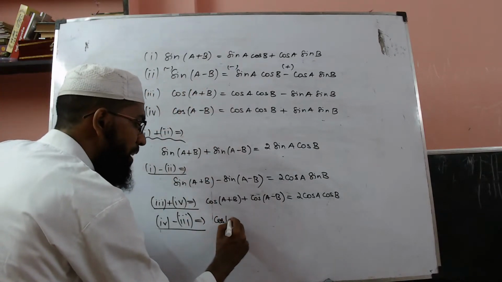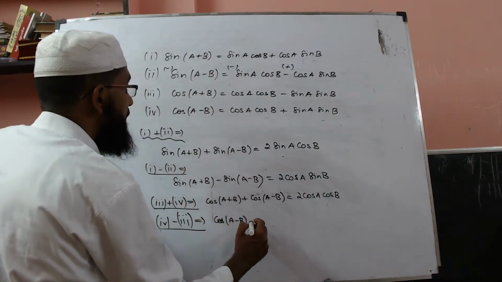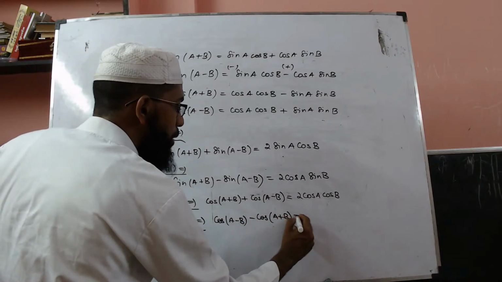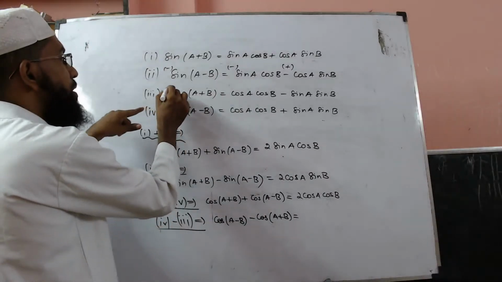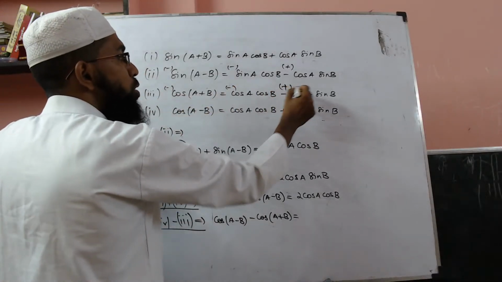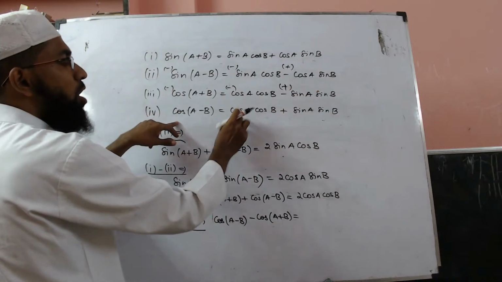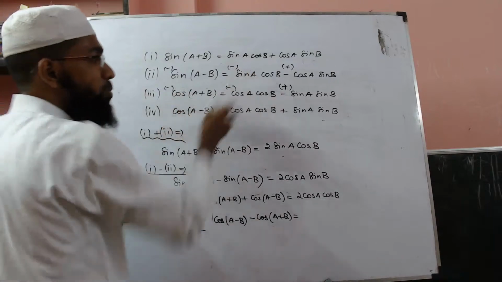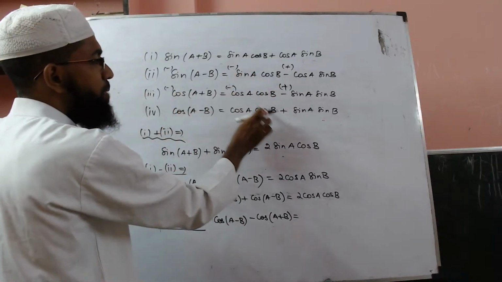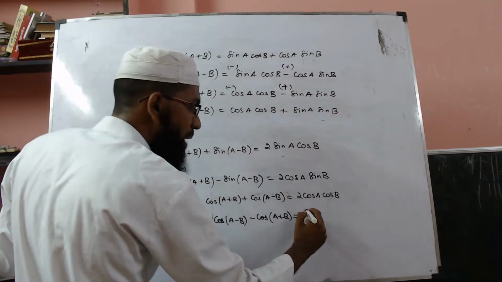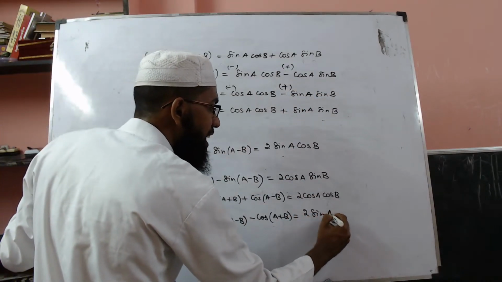So cos of a minus b minus cos of a plus b will be equal to, so put a minus over here, minus this, minus this, plus. This minus this will get cancelled, cos a cos b minus cos a cos b cancelled, sin a sin b plus sin a sin b will become 2 sin a sin b.